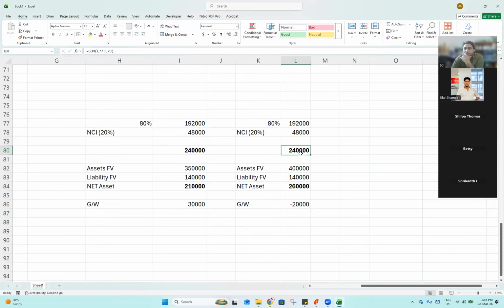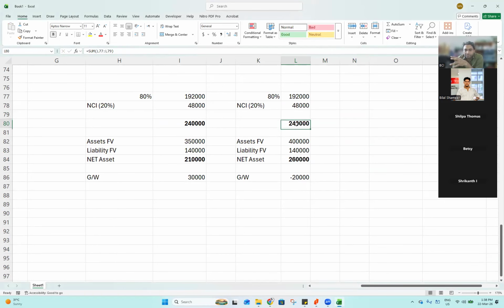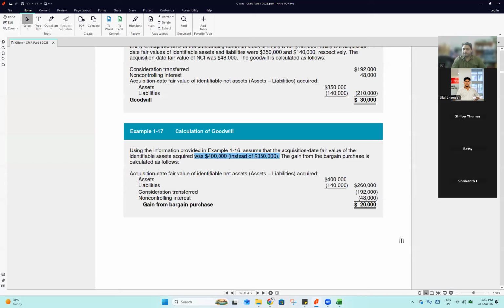The value of the business which you are paying is 240, but the net assets which you are getting is 260, right? So you are having a gain on this transaction, correct? So this 20,000 is called the gain on bargain purchase.